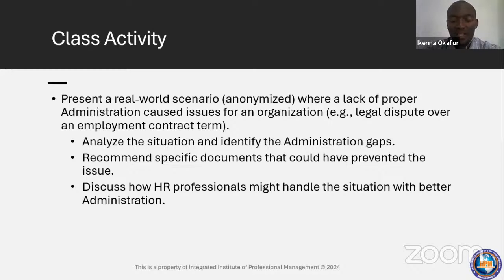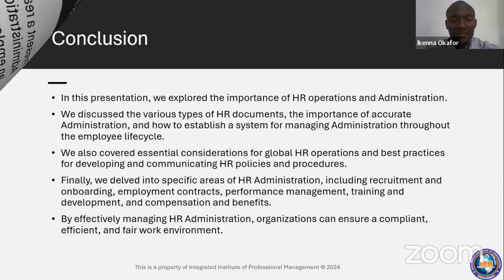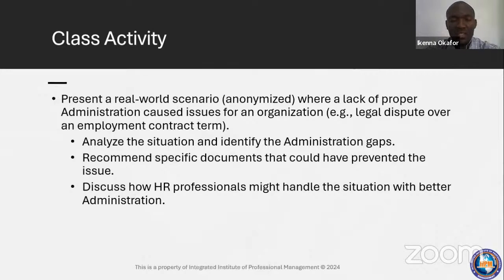So we have a class activity here, which you will take now. You can screenshot this and present it when we meet in the second session. So just do that, everyone. Present a real-world scenario, anonymized, where a lack of proper administration caused an issue for an organization, e.g. a legal dispute over an employment contract term.